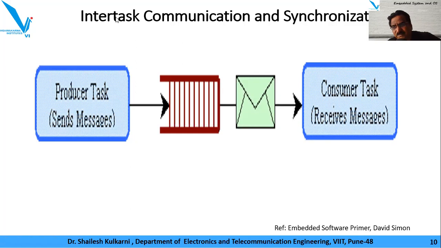Okay. Let's discuss an IPC at this moment. The inter-process communication may be a mailbox, a message queue, an event, or pipes. So all these operating system primitives are referred to under the category of intertask communication and synchronization.